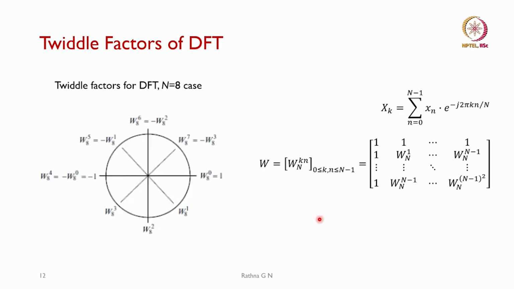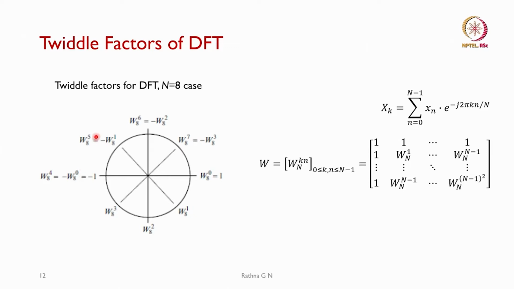So, we can see how the twiddle factors of the DFT look when N is equal to 8 is assumed, on a unit circle. This is W 8 0, which is equal to 1, and then we have W 8 1, W 8 2, W 8 3, and then N by 2, what we just now saw, W 8 4, which is nothing but minus W 8 0, which is equal to minus 1.